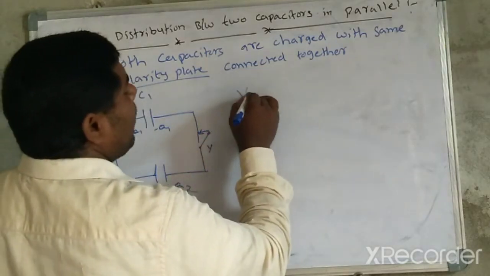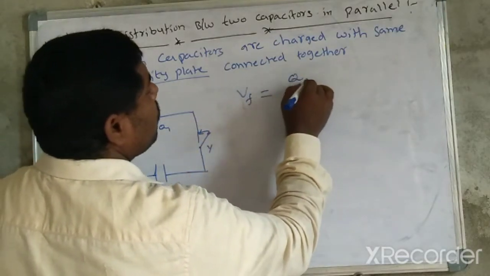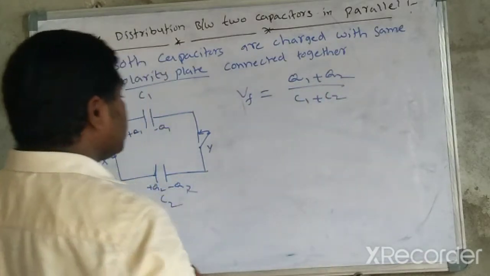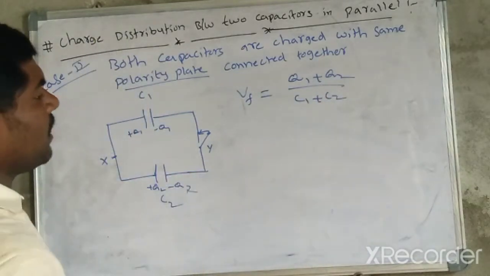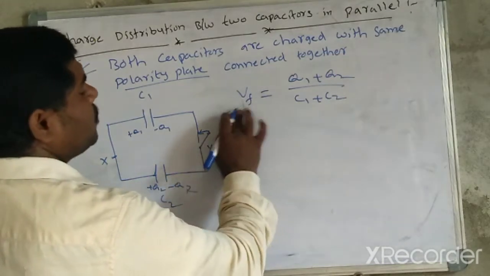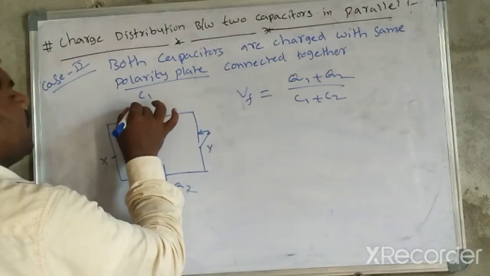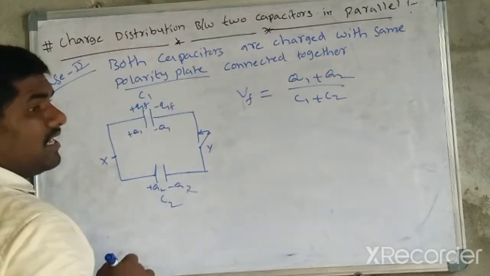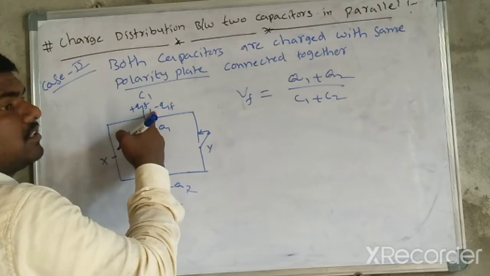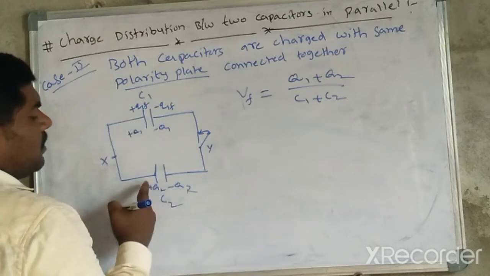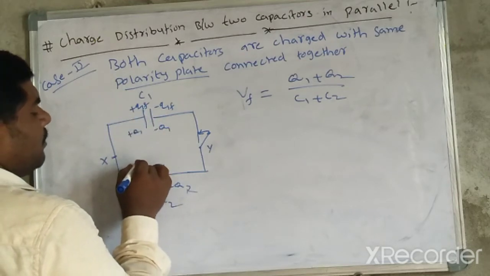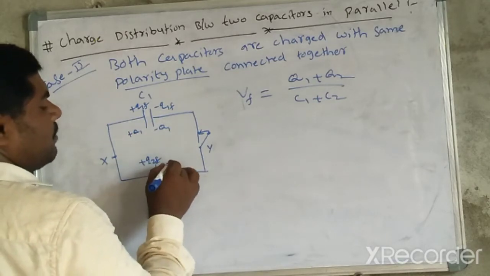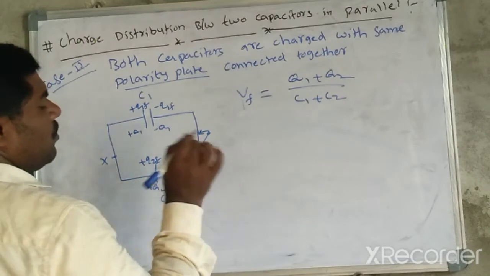V final is equal to Q1 plus Q2 divided by C1 plus C2. After connecting, after some time, once the final potential is reached, the final charge on the first capacitor's plates is plus Q1F and minus Q1F, and on the second capacitor the left side plate is plus Q2 final and the right side plate minus Q2 final.